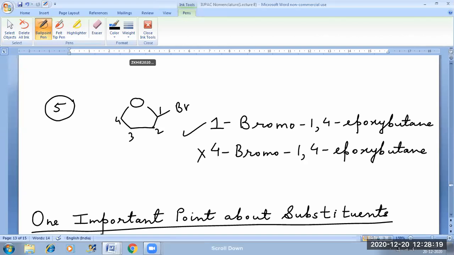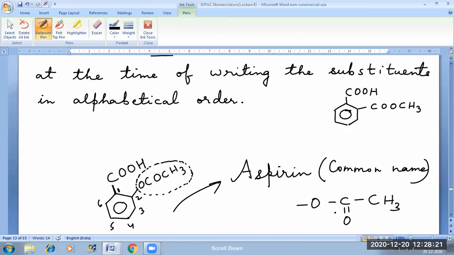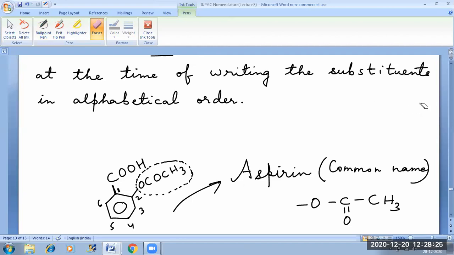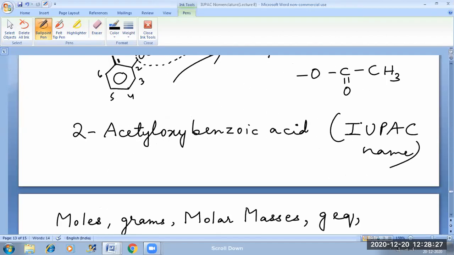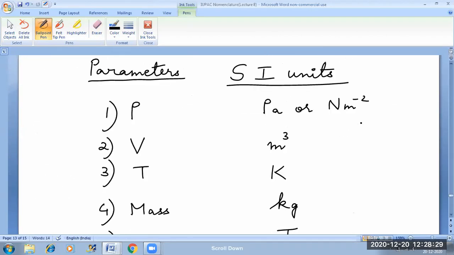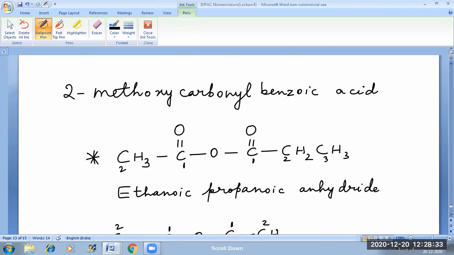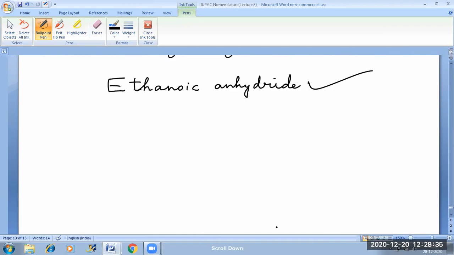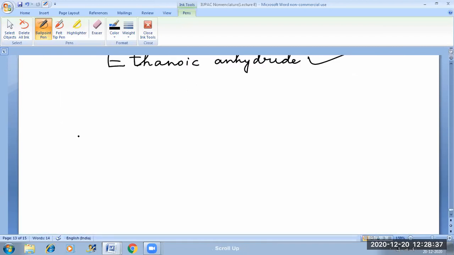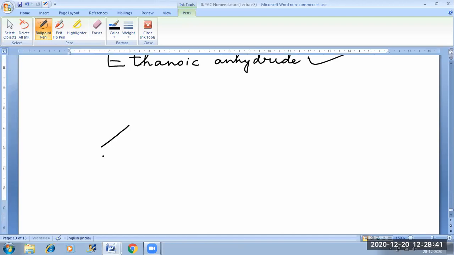Okay. Now let's do one question. Try to solve this question now. Write down the IUPAC name of this compound.